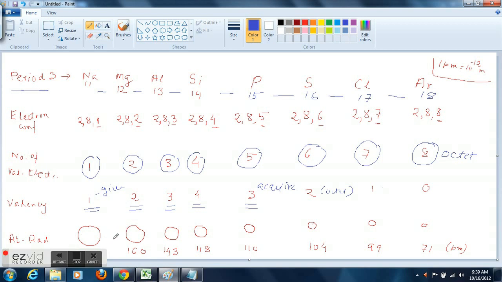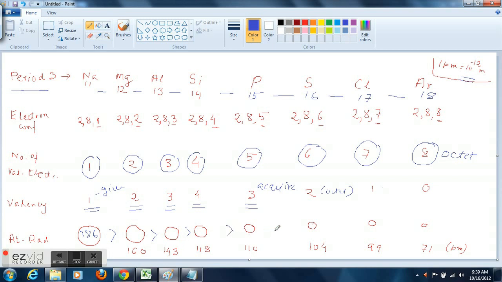Now let us talk about atomic radius, which is a periodic property. As we move along the period, atomic radius keeps on reducing. So the atomic radius of sodium is bigger than that of magnesium, which is bigger than aluminum, which is bigger than silicon. The atomic radius of sodium is 186. I'm sorry, by mistake I said argon.